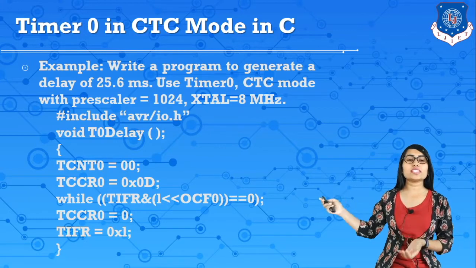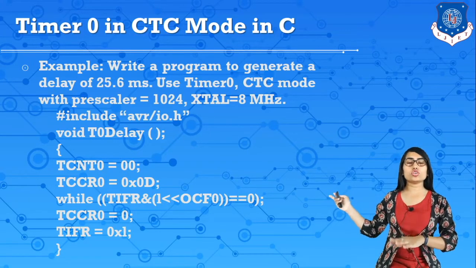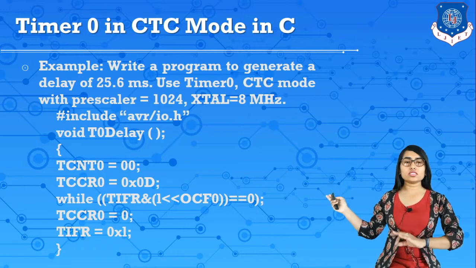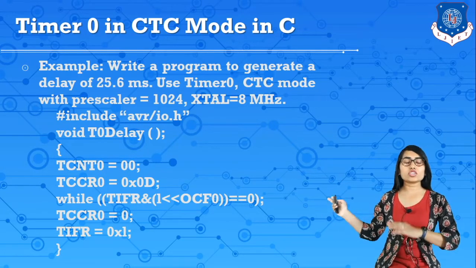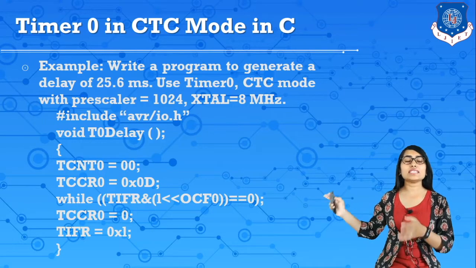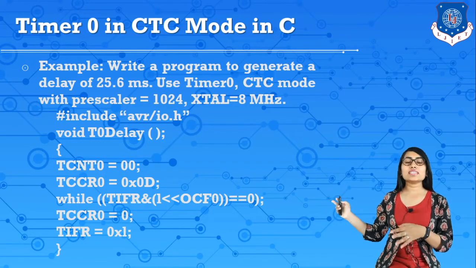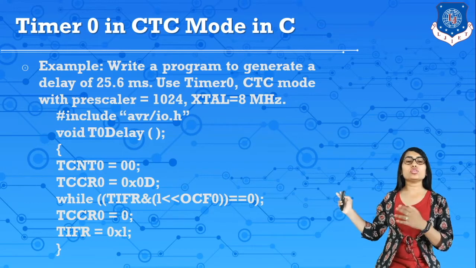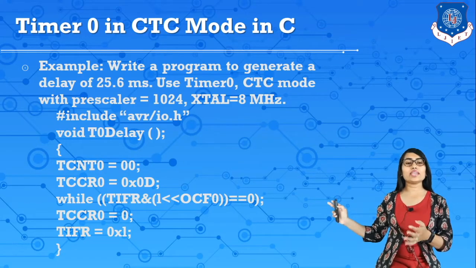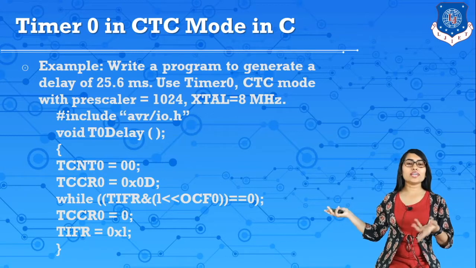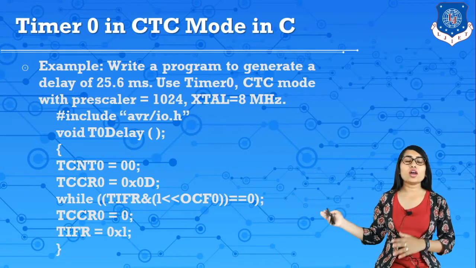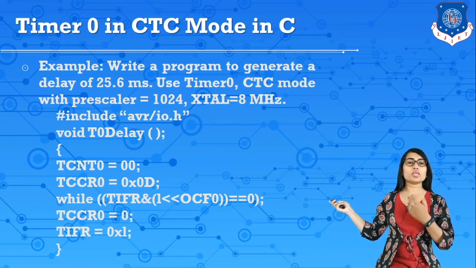So here TCNT0 is equal to 0, then OCR0 is equal to 199, TCCR0 is equal to 0x0D, while TIFR and 1 shifted into OCF0 is equal to 0, then TCCR0 is equal to 0 and TIFR is equal to 0x02 depending on our conditions. So this is how timer 0 can be programmed in CTC mode using C.